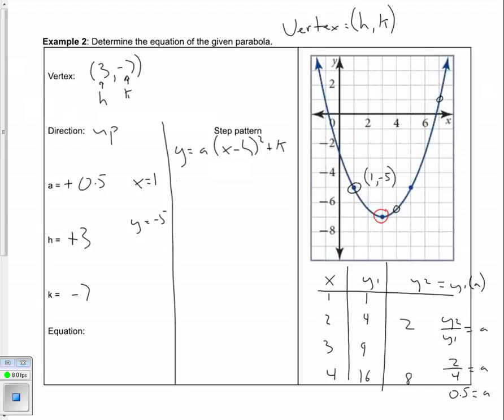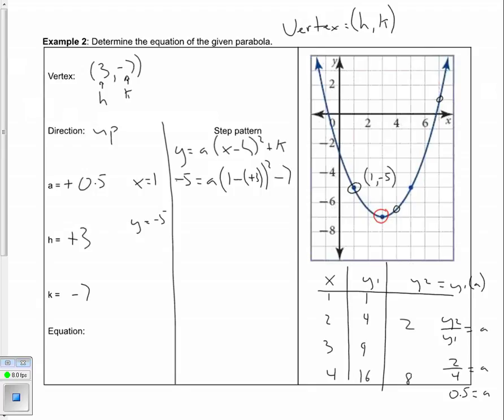So for example, we know that y is -5. We wouldn't know what a is. We know that x is 1. We know that h is +3. So minus +3 all squared. And we know that k is -7.